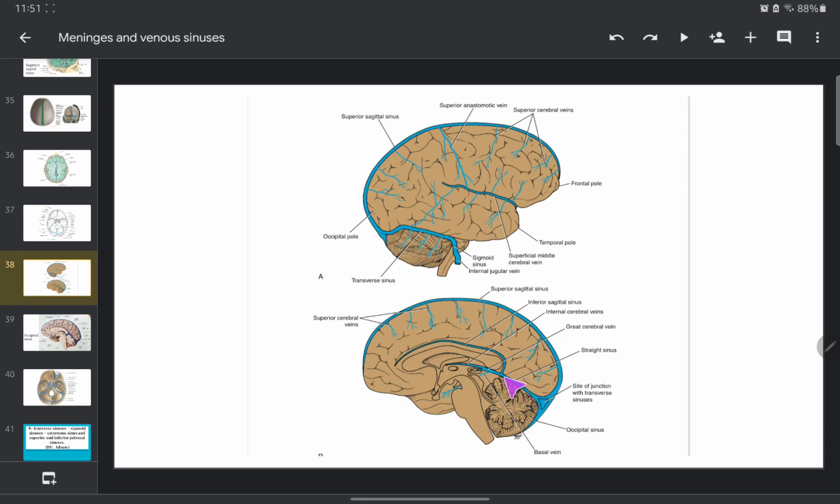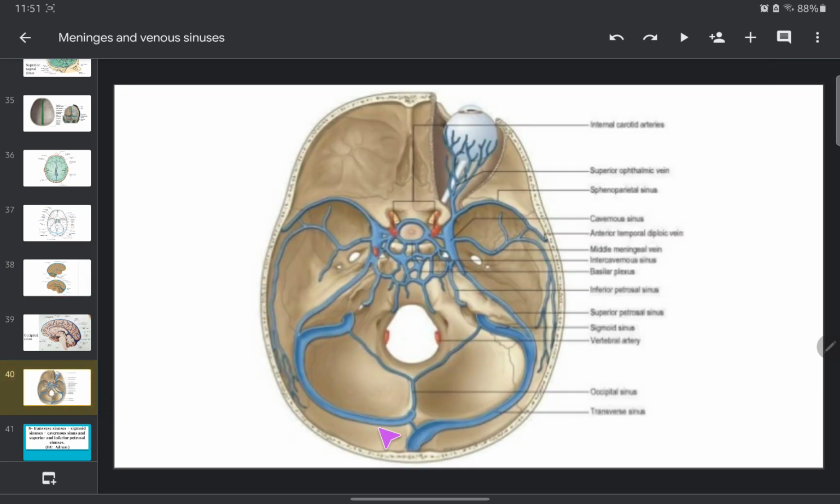It gets its name from its course, which is straight ahead from this point until joining an important landmark. In this picture, this is a bony landmark, the internal occipital protuberance, and it is the site of termination of the superior sagittal sinus, inferior sagittal sinus, and straight sinus.